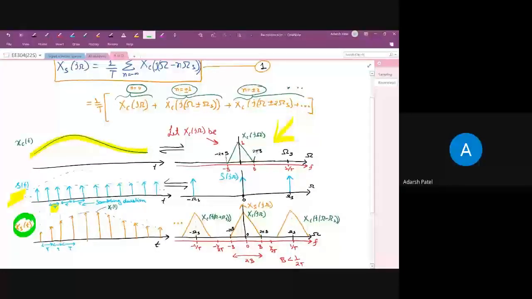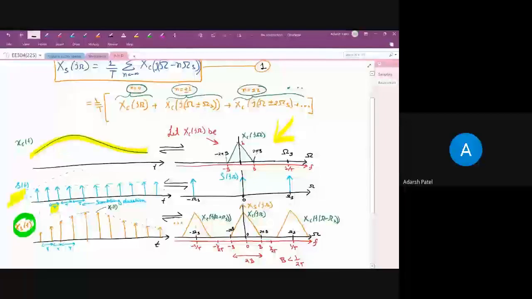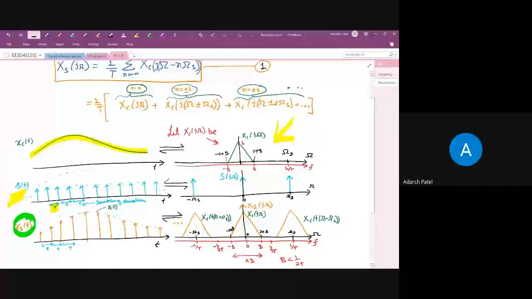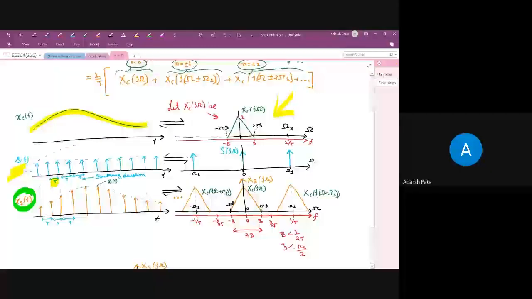If we wanted to obtain this sampled signal in frequency domain, it turned out that if the signal is band limited to B hertz, that is minus B to B hertz, and if that is less than 1 upon 2T, or less than omega_s by 2, then the signal came out to be like this.